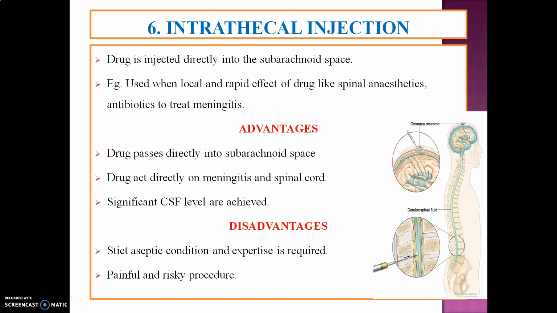Then there are some advantages and disadvantages. First of all, the drug passes directly into the subarachnoid space, because you are directly injecting the drug. In the diagram you can see that it is injected into the subarachnoid space.